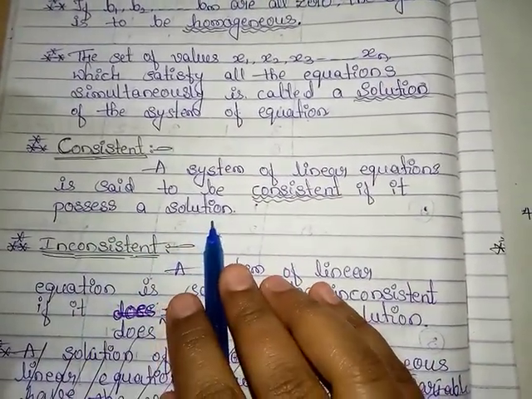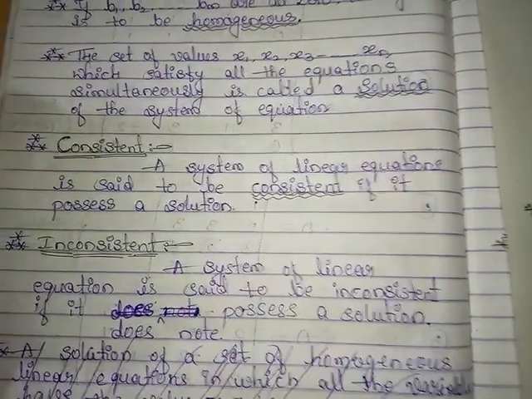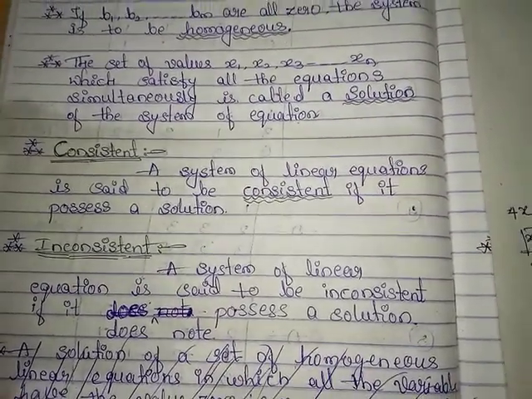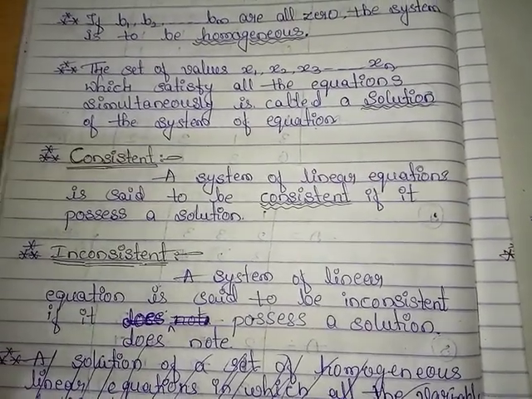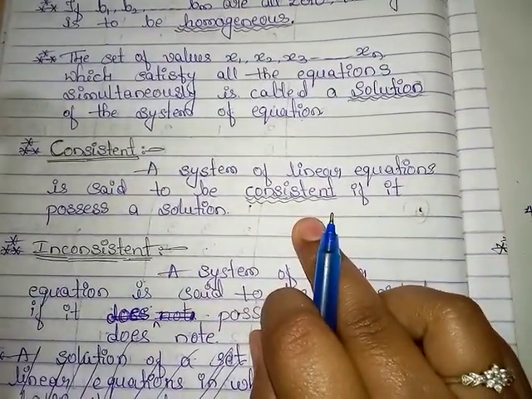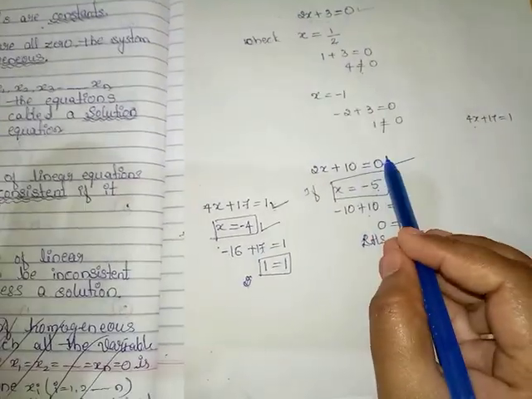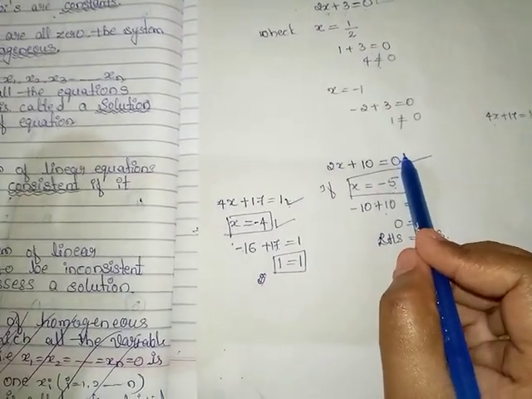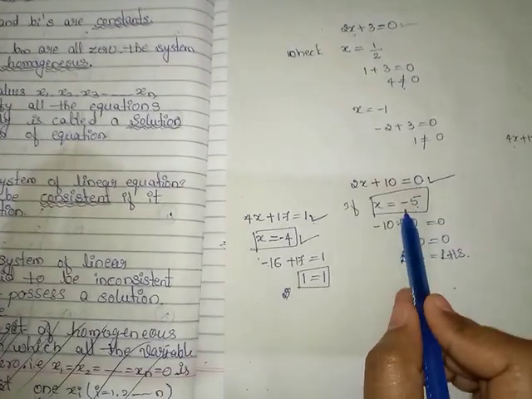If it possesses a solution, it means the given system of linear equations must have a solution, so when we substitute some value of x, it will satisfy that equation. These are the consistent linear equations. Why? Because it has a solution.